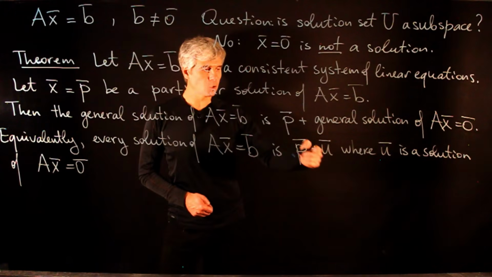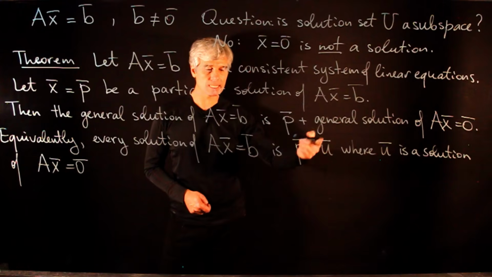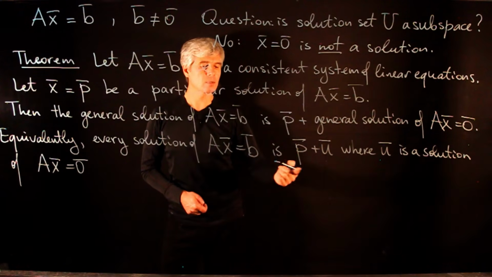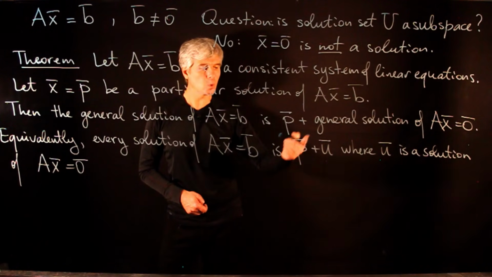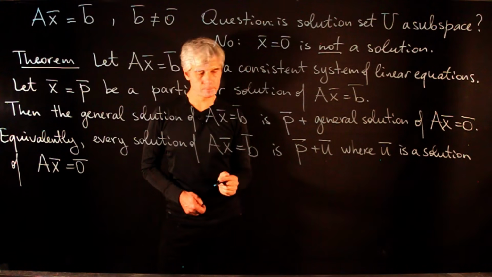And as U runs over the set of solutions of a homogeneous system, which is a subspace, in this way we obtain all solutions of a non-homogeneous system, right?